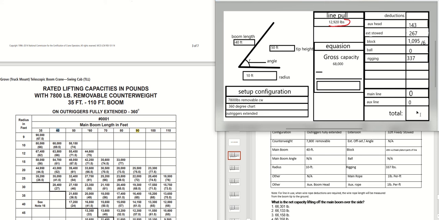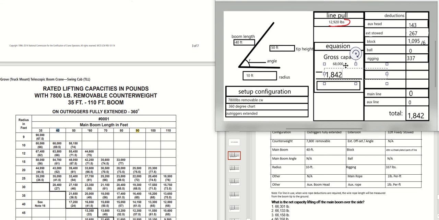So we'll put that right here. 1,842. That is going to be the total of all of our deductions under the tip. So then I put it right here as well, 1,842.